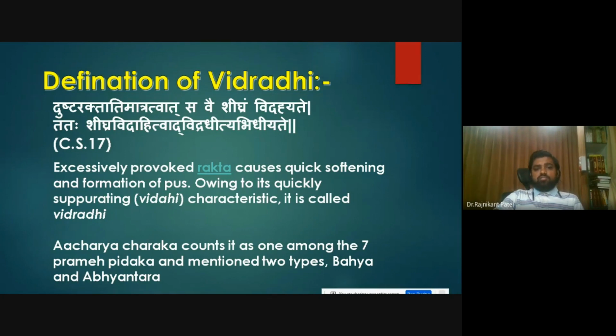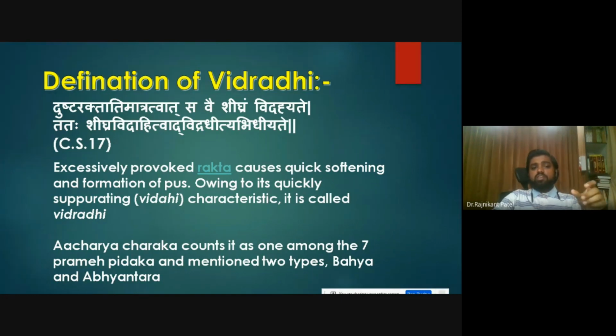So, a simple definition. We all know there are seven Dhatu, and the second one is Rakta Dhatu. When Rakta Dhatu is too much increased, or there is too much Rakta Prakopa, it will form pus, and the pus is suppurating in nature. That is called Vidahi in Sanskrit. So the name for this disease is given as Vidradi.